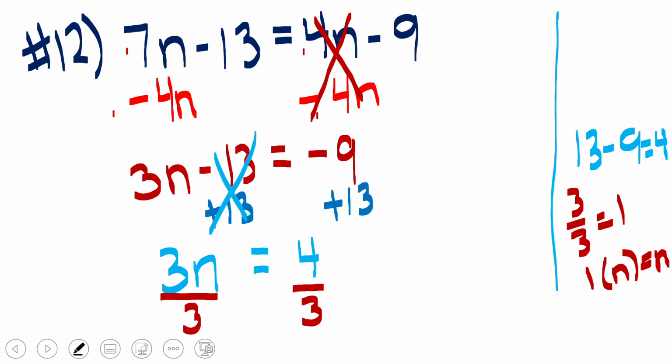And that's why we can say we are isolating n by dividing by 3. 3 over 3 is a 1. So 1 times n leaves n. And then we have n equals 4 thirds to solve.